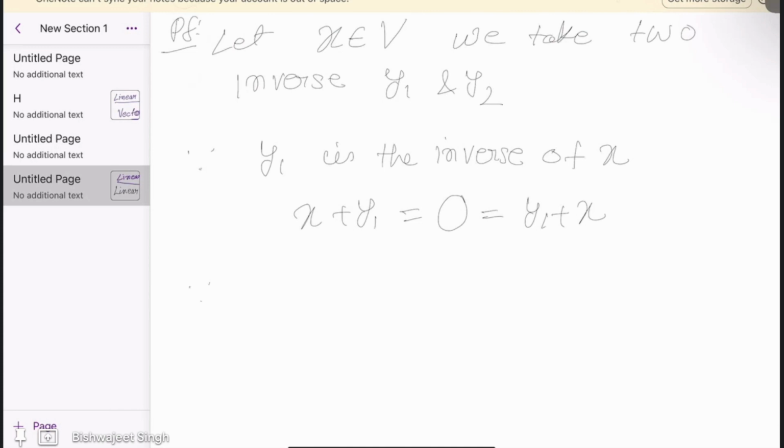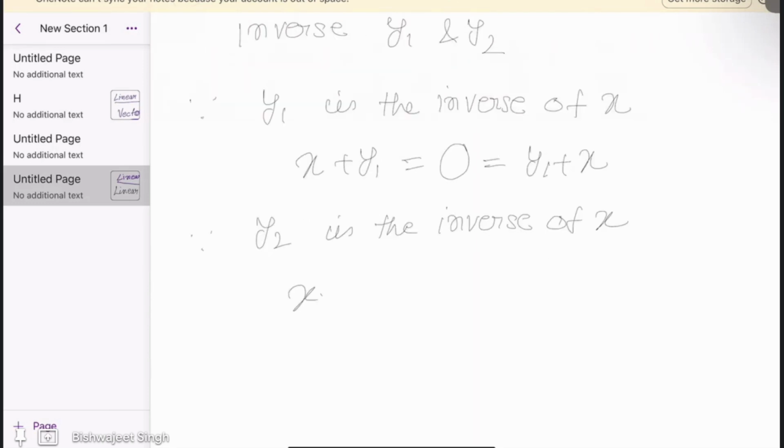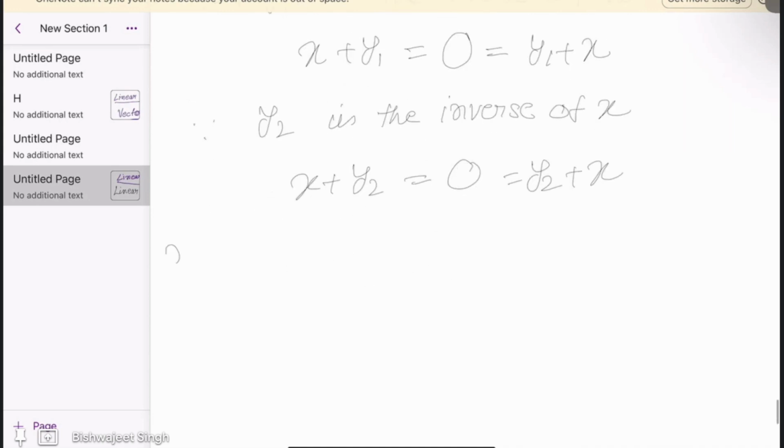Again, since y2 is the inverse of x, the same property will also be satisfied, that is x plus y2 equals 0 equals y2 plus x.